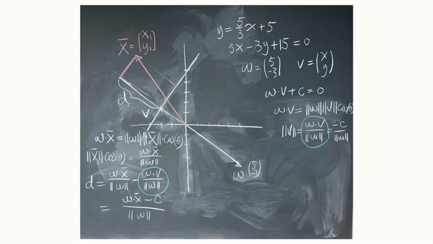We want to compute its distance to the line here. The distance is the projection of this onto it. This is d. We want to compute this d. This is also, if you extend this w this way.